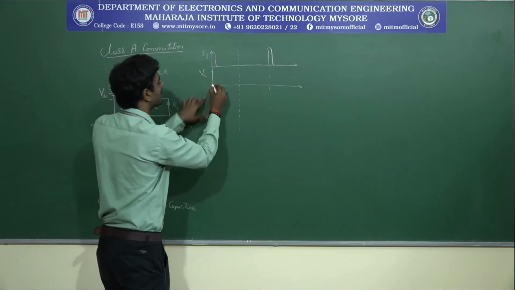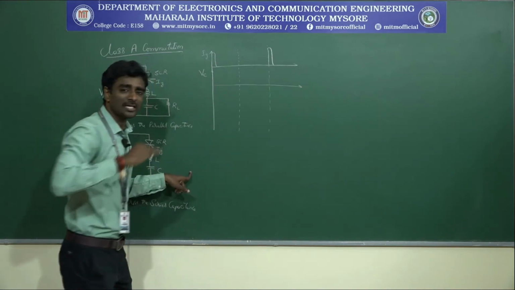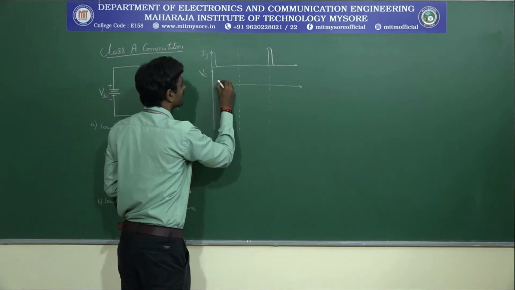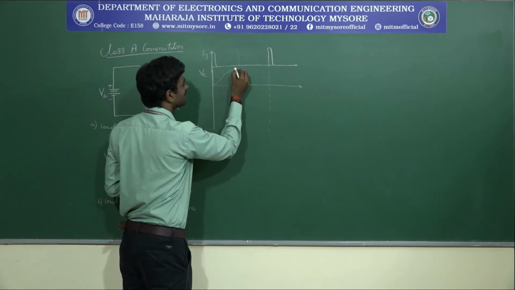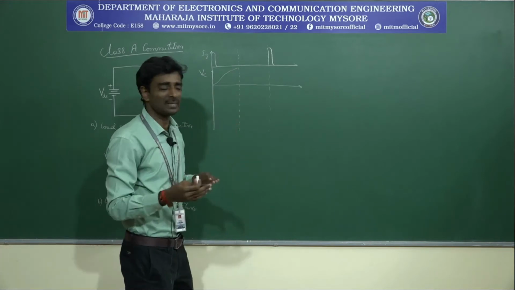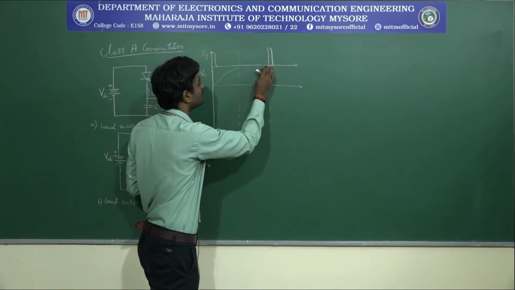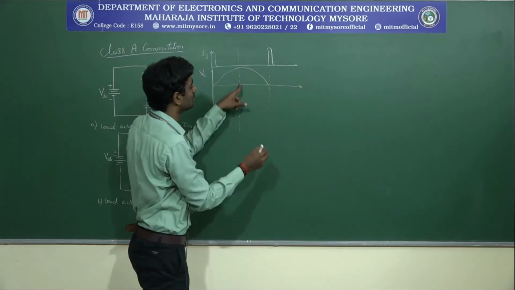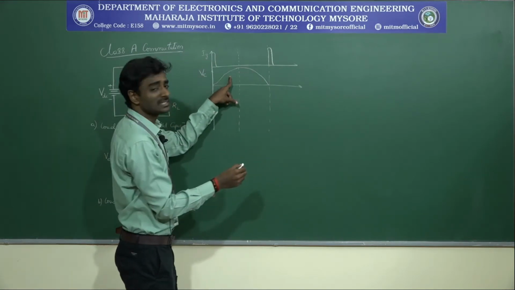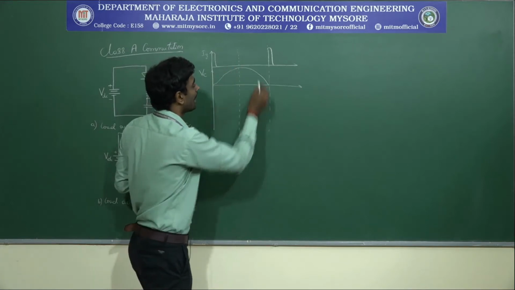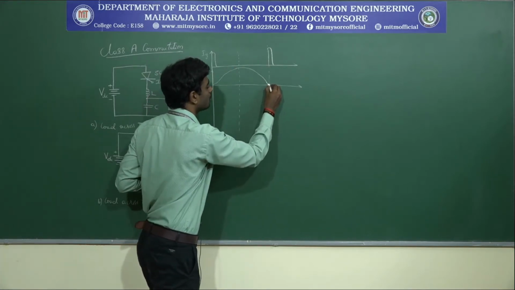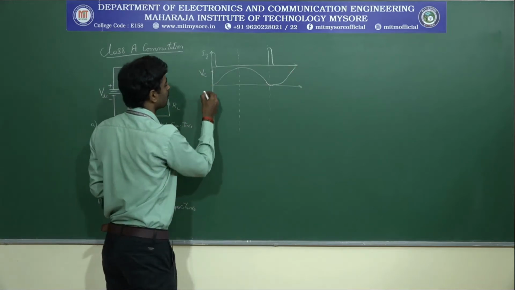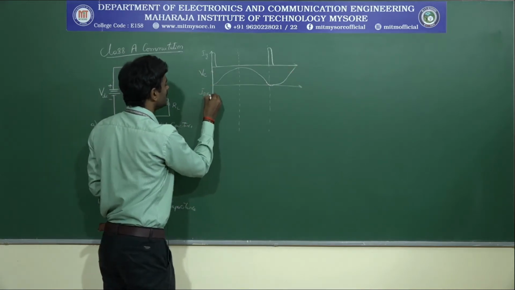When you are applying a gate drive, your initial voltage will start increasing. It will gradually increase, and it will reach the minimum when the gate drive is 0. So this will be my capacitor voltage with respect to the circuit, and again for this condition I will go with respect to the current across the SCR.